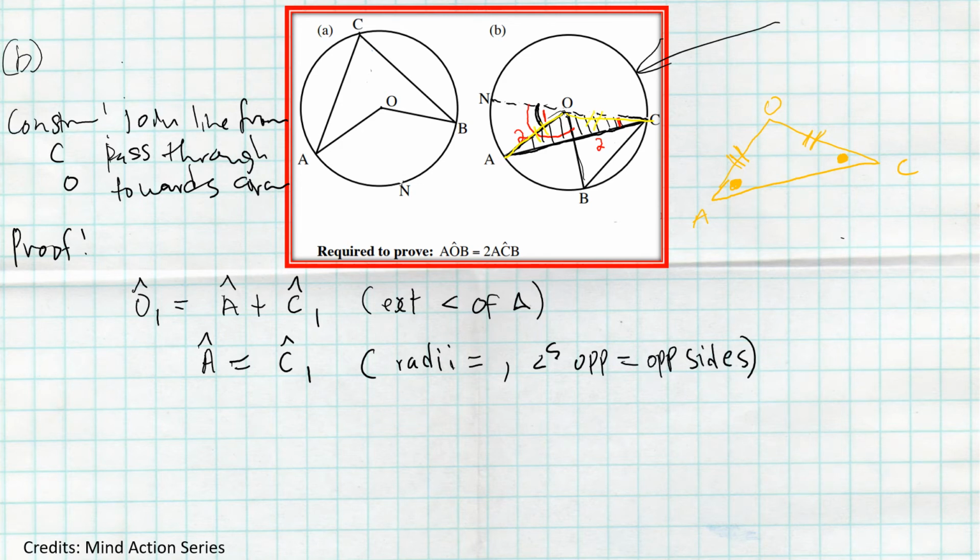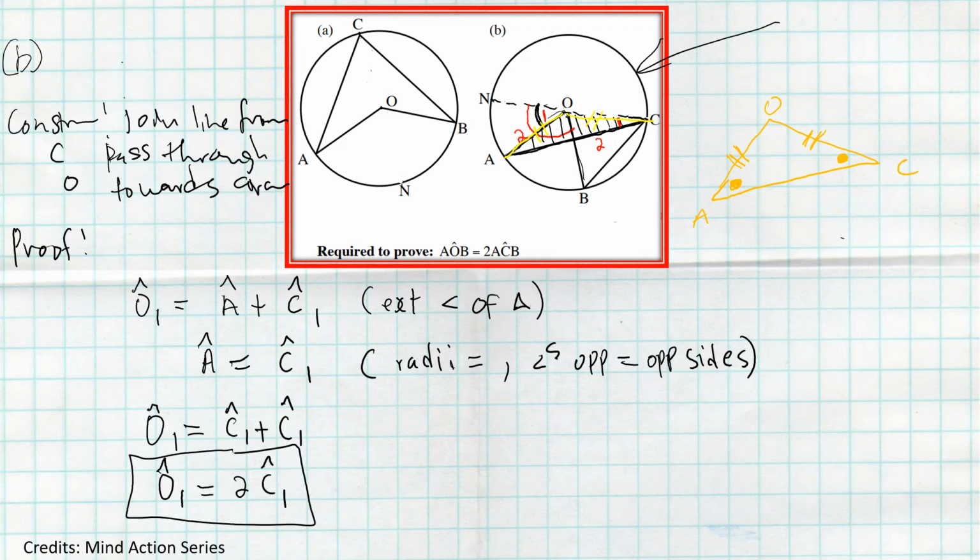So we can now replace angle A, because we are saying angle A is equal to angle C1. Where there is angle A, I can put angle C1, so it's just going to be angle C1 plus C1. That means angle O1 will be 2 times angle C1. Can you see? Angle O1 is equal to 2 times angle C1.